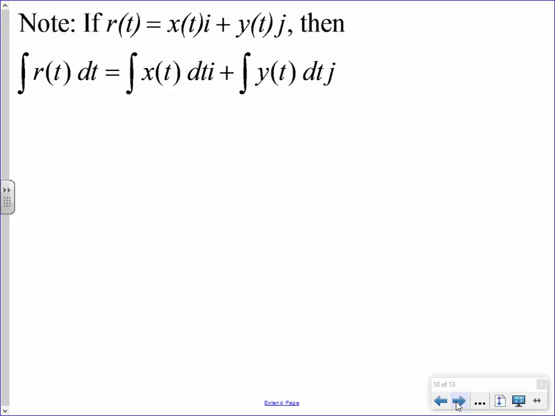I was just a little confused about the dt. Oh, that's like the vector, right? If that helps.